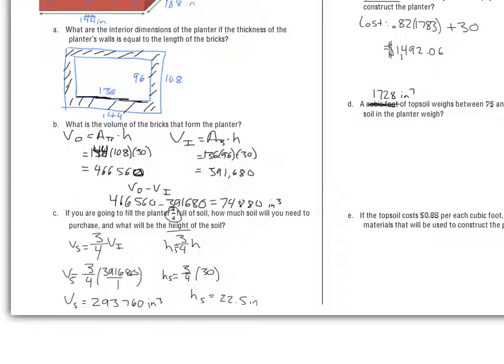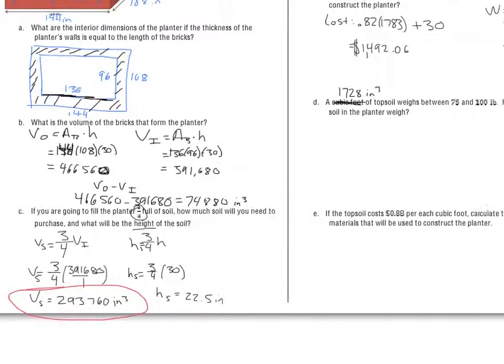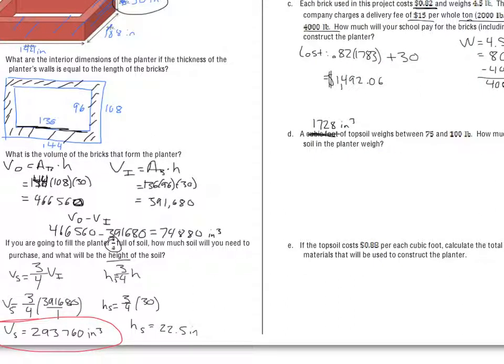So our soil, our volume of our soil here was this number over here. So I have the 293,760 divided by 1,728. And then whatever that is, I need to figure out what it's between over here. So I'm going to start by calculating how many sets of this 1,728 we have. When I do that, I actually get exactly 170.